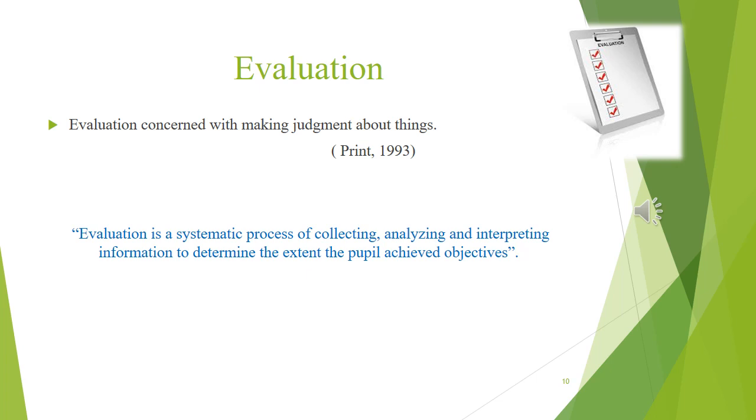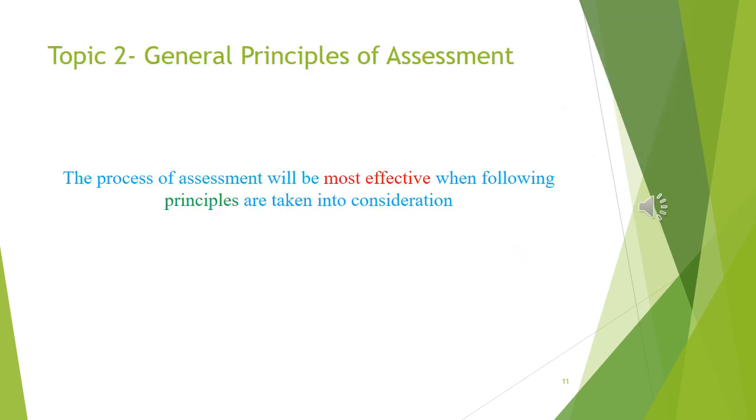Evaluation is defined as a systematic process of collecting, analyzing, and interpreting information to determine the extent the pupil achieved objectives, or it is a systematic process of collecting, analyzing, and interpreting data in order to make decisions.